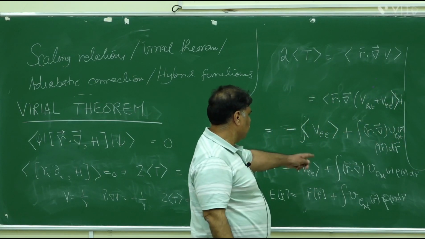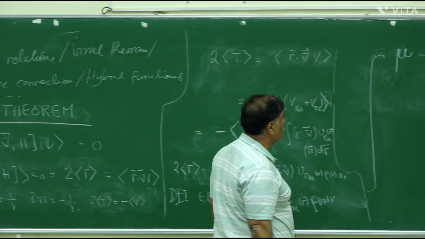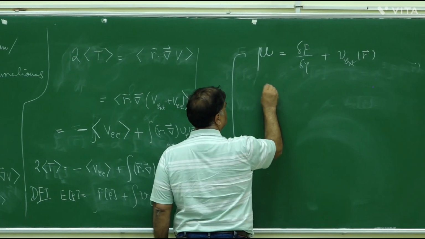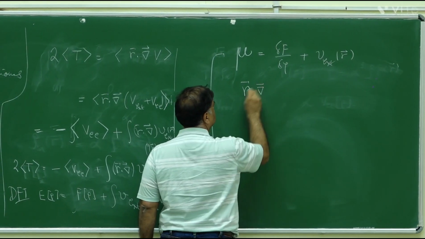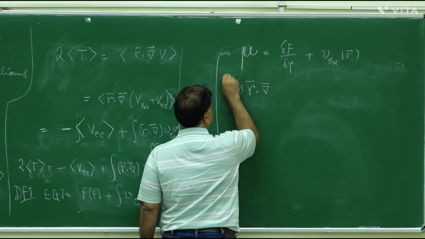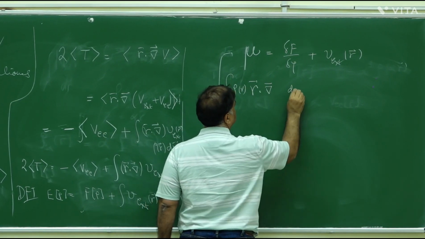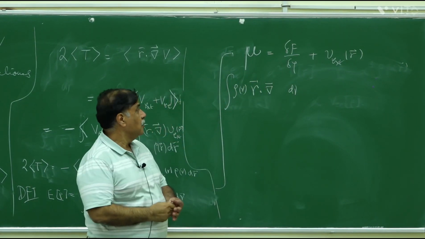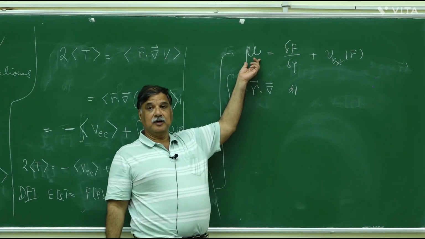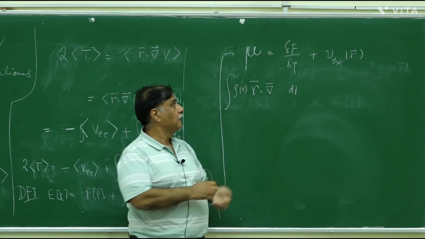Now we are going to get rid of the external R, so what I am going to do is multiply by R dot del times rho R and integrate over dr on both sides. If I take the gradient of mu, that's going to come out to be 0.